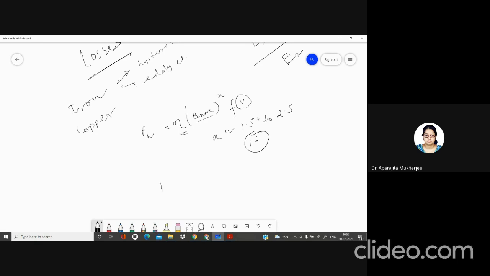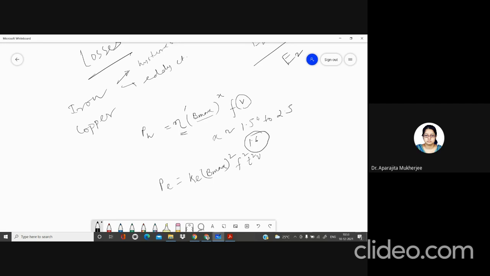And what about the eddy current loss? Eddy current loss has some constant value, and it will be B max square, f square, t square, v. B max, f the frequency, and v the volume, we know all of this.